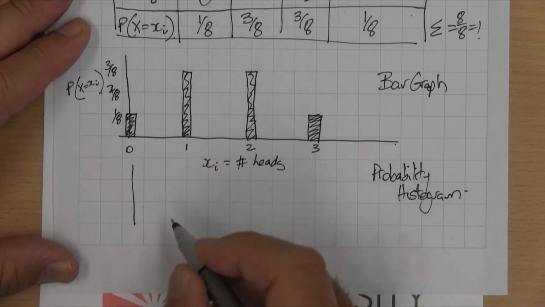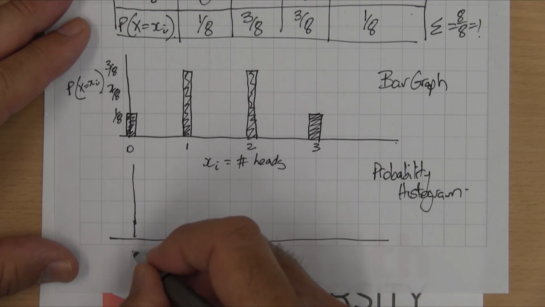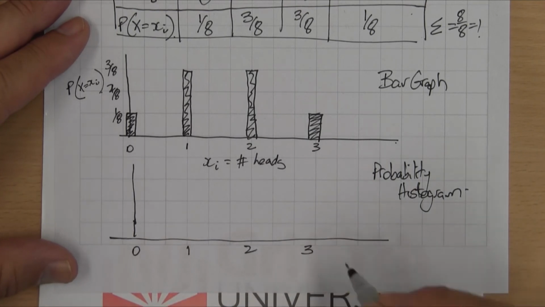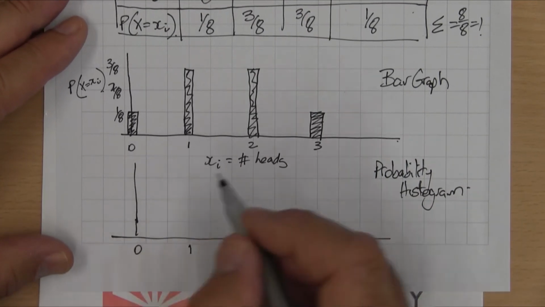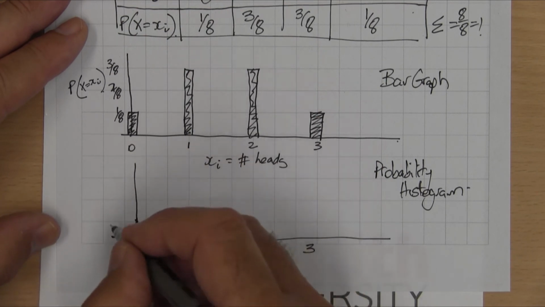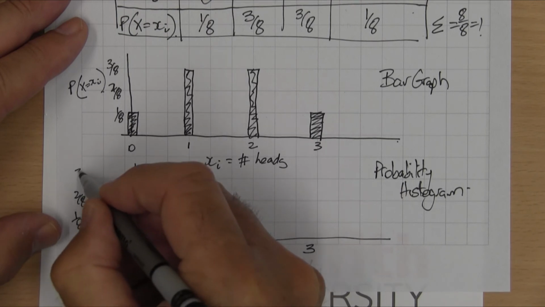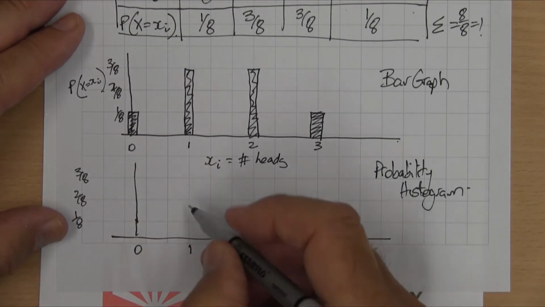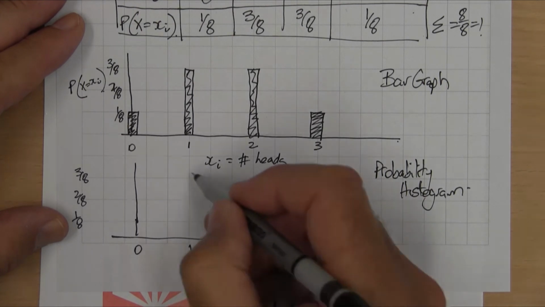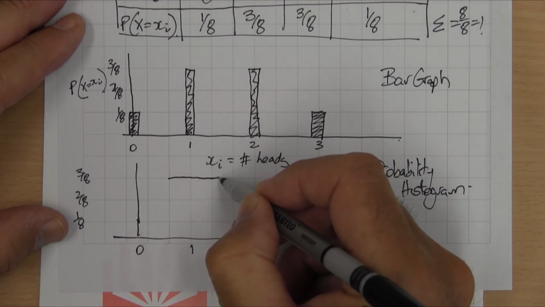So we've still got our 0, 1, 2 and 3, and we've got our probabilities going up here, 1 on 8, 2 on 8, 3 on 8. Now the thing to remember with histograms is that because they join, we've got 3 on 8, so it's going to go equal either side.